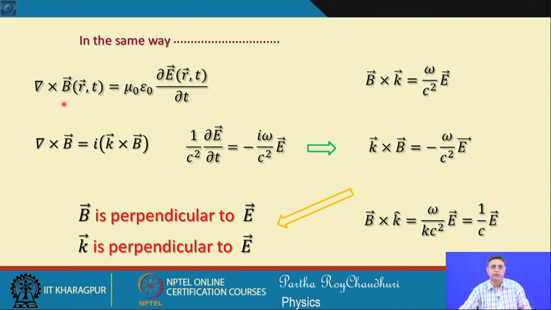Now, in the same way, let us proceed for the fourth equation, that is del cross B is equal to mu naught epsilon naught del E del t.